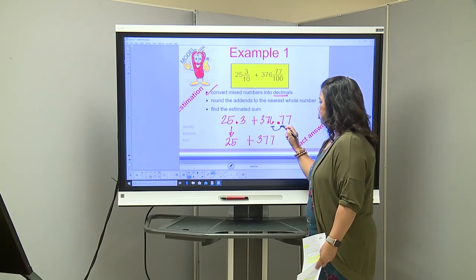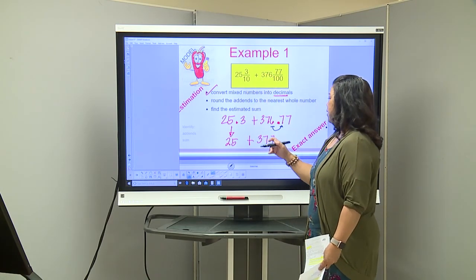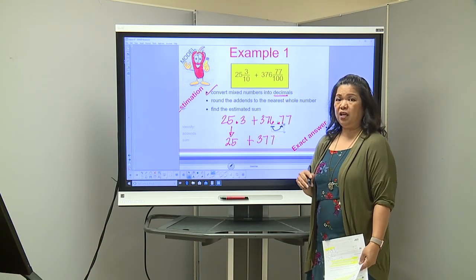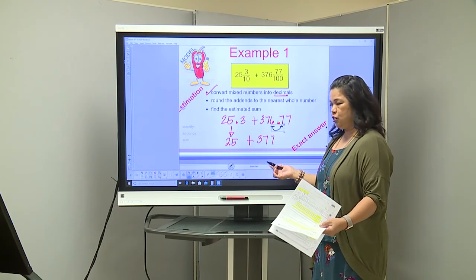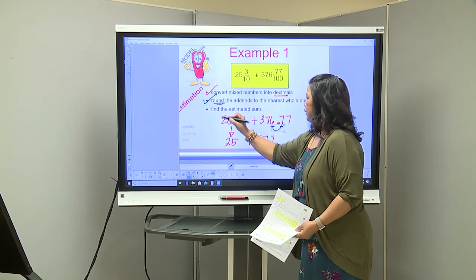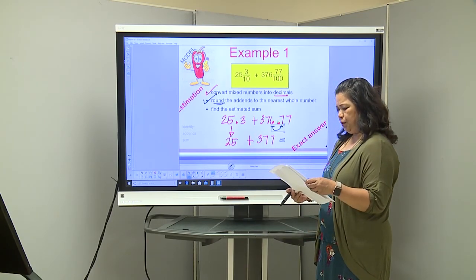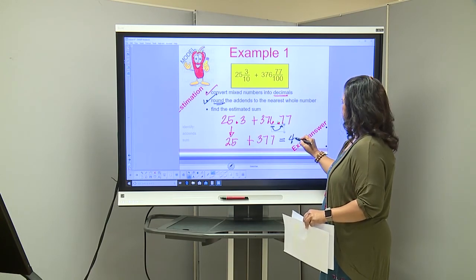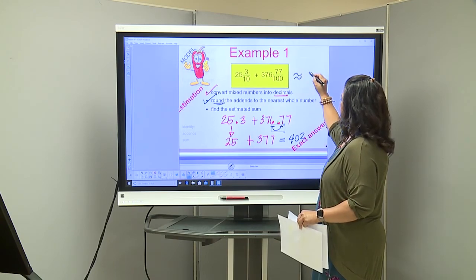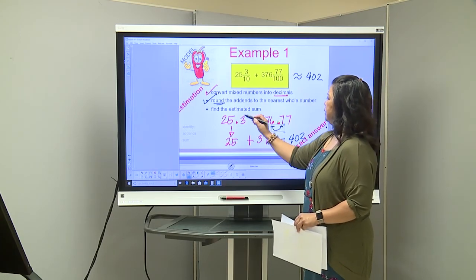If that number to the right is 5 or higher, then the number to be rounded goes up by 1. If not, it stays the same. So just a review. Now we have rounded, and then we add them together, and that would be 402. Our estimate is 402. That's the estimated sum.